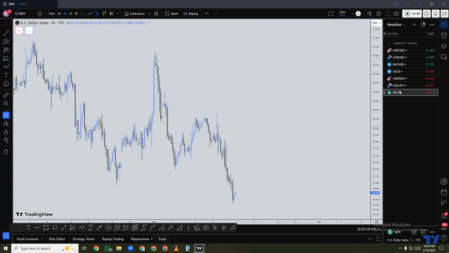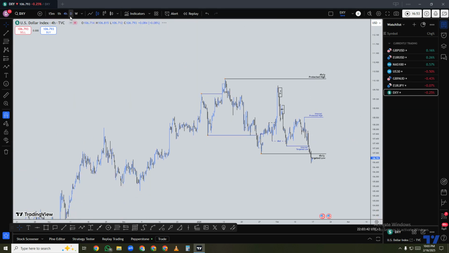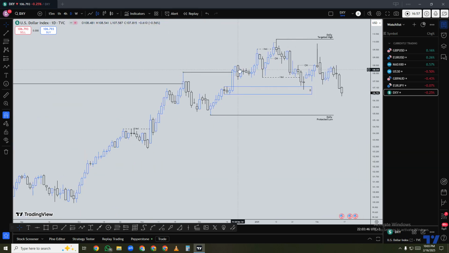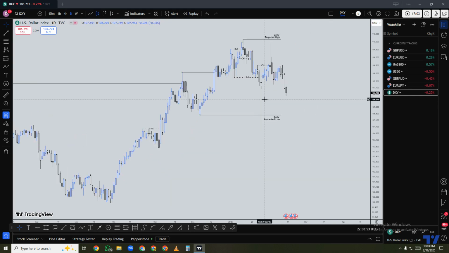So yeah, let's look at the DXY, and this is what we have. As you can see, the DXY is quite bearish, but the swing structure is bullish.